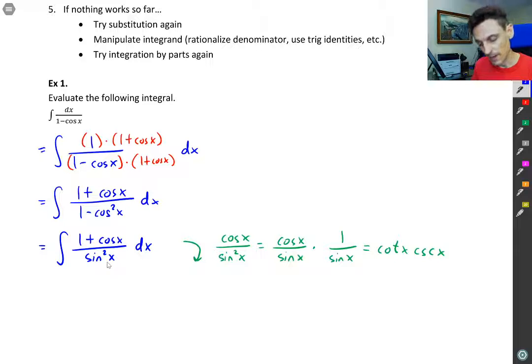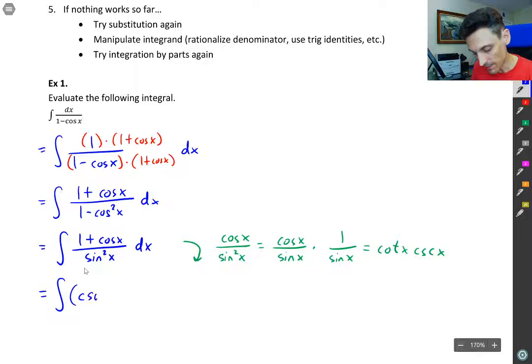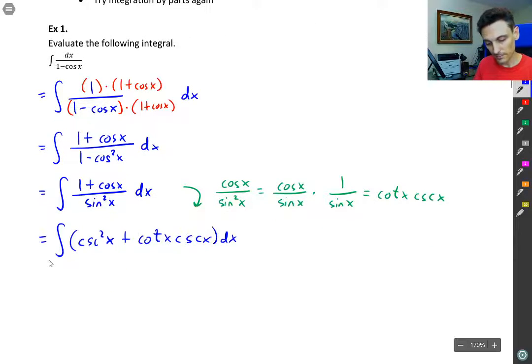That was the 7.2 strategies and techniques, trig integrals. So we have 1 over sine squared x, which is the same thing as cosecant squared x, which we can integrate. And then we have plus cotangent x cosecant x dx. Now those two are straightforward integrals.